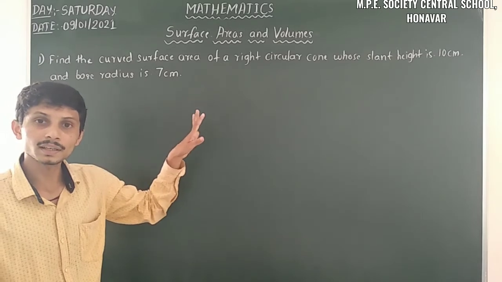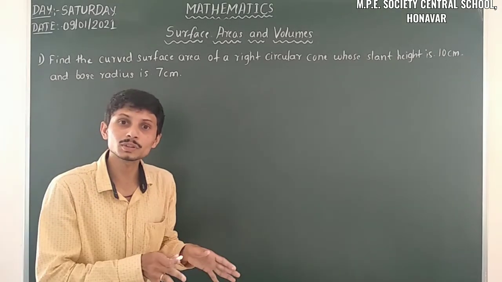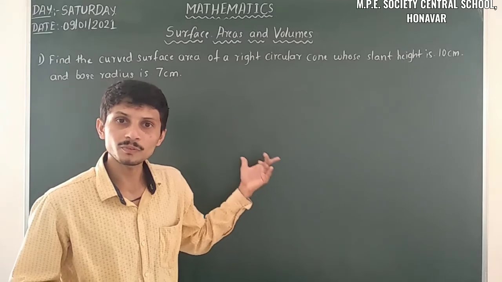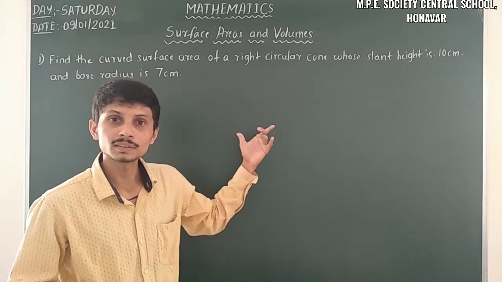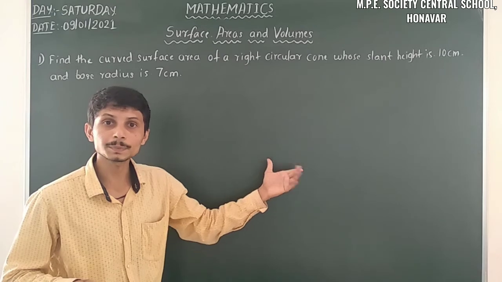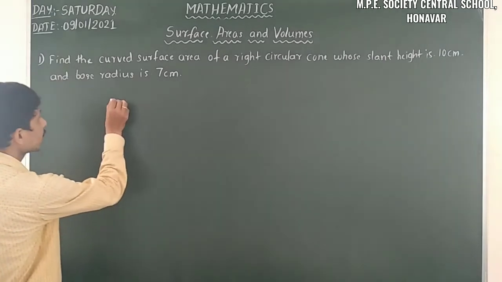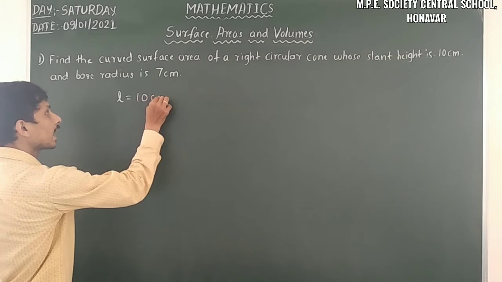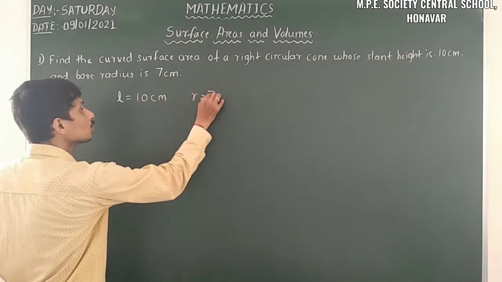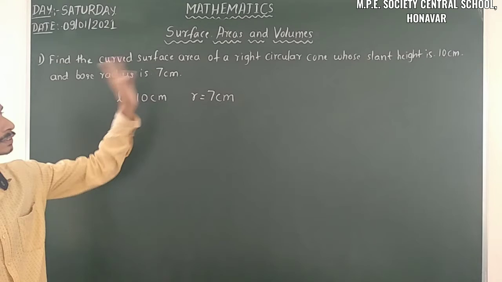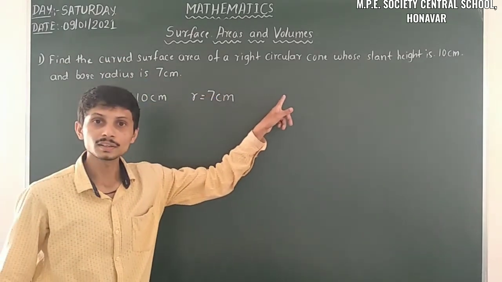Here we have to substitute the values of L and r in the formula for the curved surface area of the right circular cone, that is pi r L. Firstly we write the known things: L is equal to 10 centimeter and r is equal to 7 centimeter. Then we have to find the curved surface area of this right circular cone.